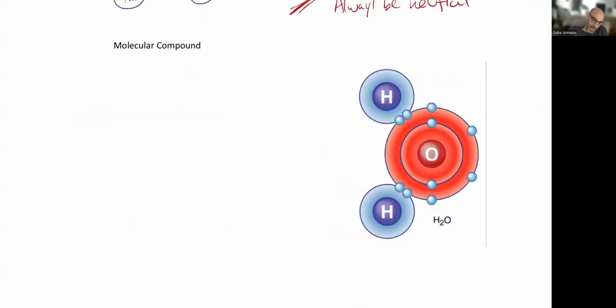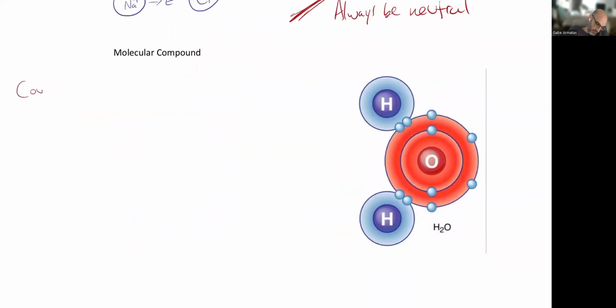A molecular compound, and I'm going to call this covalent, is not going to quite work like that. What we're going to notice is a covalent compound is going to work by sharing of electrons. It's going to be a nonmetal and another nonmetal, or a bunch of nonmetals. They both want to gain electrons. So instead of getting rid of them, or instead of gaining them, they're going to share them.